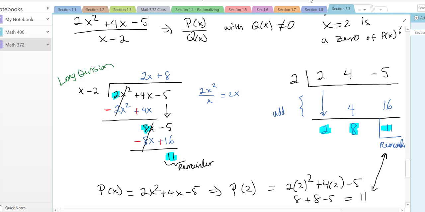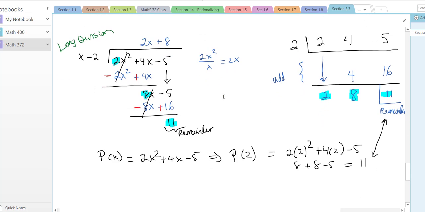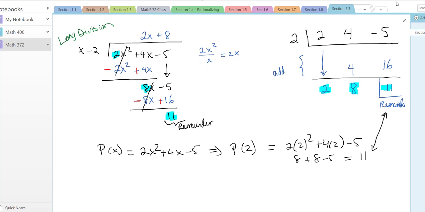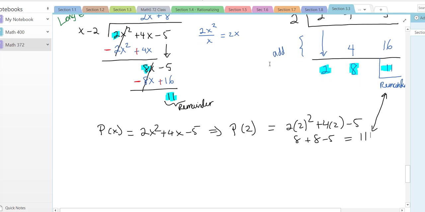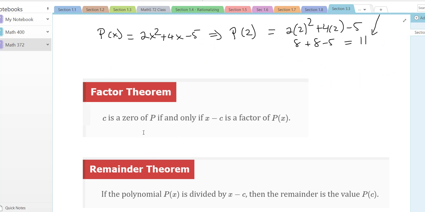There is a theorem that tells us this, and this is the remainder theorem. And we also have the factor theorem. So let me grab those and put them in here. So the factor theorem says that c is a 0 of p, where p is the dividend, the numerator of a division problem, if and only if x minus c is a factor of p of x.